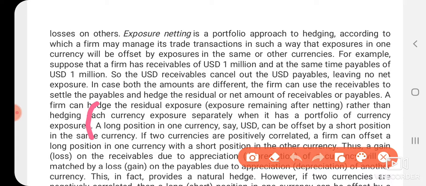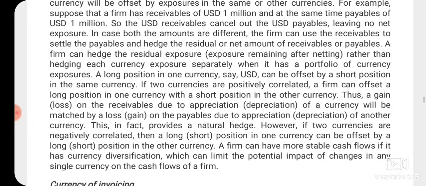Next, a long position in one currency, say US dollars, can be offset by a short position in the same currency.